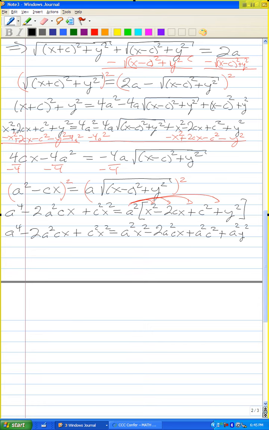So let's bring that over. So adding 2a squared cx to both sides and subtracting c squared x squared from both sides, I get the following: a to the fourth is equal to a squared x squared minus c squared x squared.